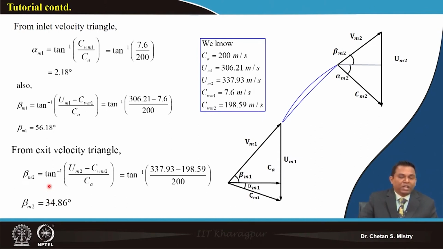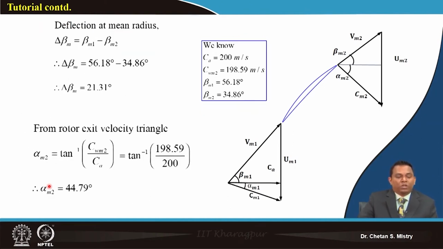Now this beta 1 and beta 2 are known to us. We can calculate our delta beta, and this delta beta is coming 21.31 degrees. In the same way we can calculate our alpha 2, which is coming 44.79 degrees.